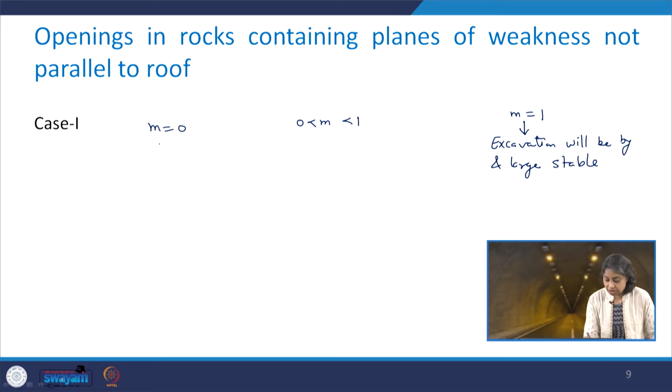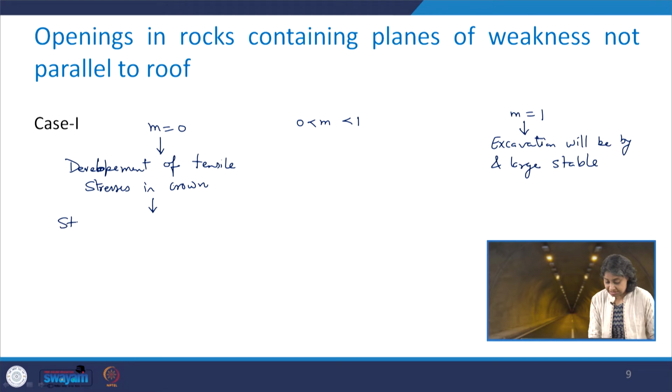Coming to the uniaxial state of stress, there is going to be the development of tensile stresses in the crown portion of the opening. This we have seen earlier as well, and this will significantly affect the stability of the roof.